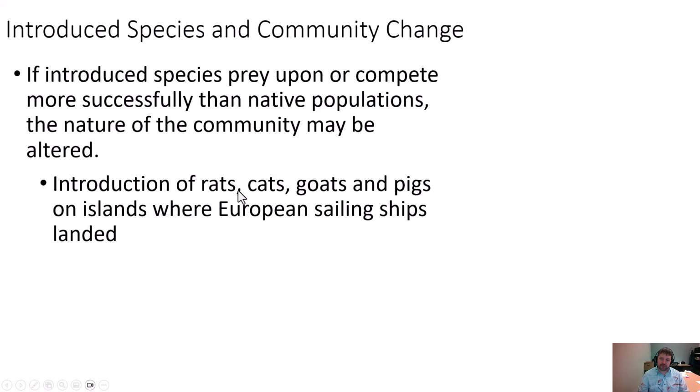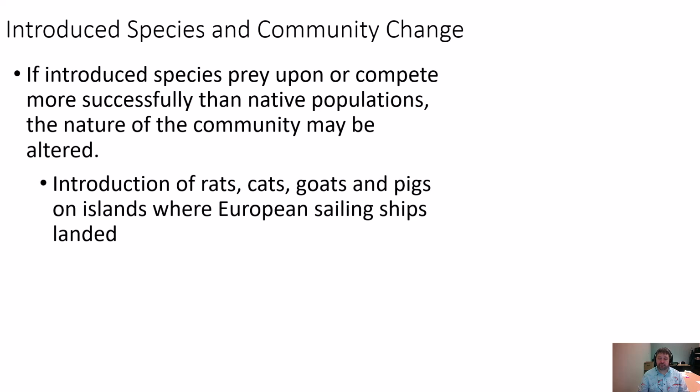I would say that all four of these have really changed ecosystems. Cats and rats probably more so than any other organism on the planet. Maybe, I don't know, maybe mosquitoes, but cats and rats have definitely had a major toll on native fauna in lots of regions.